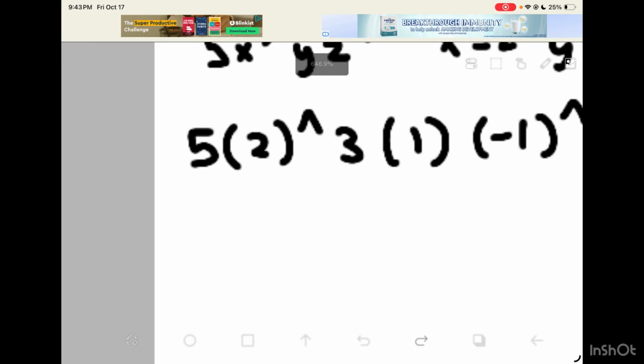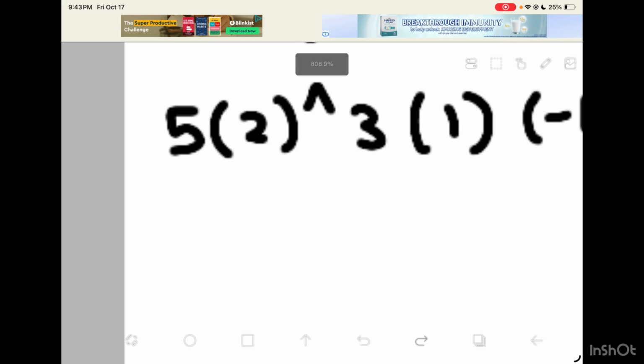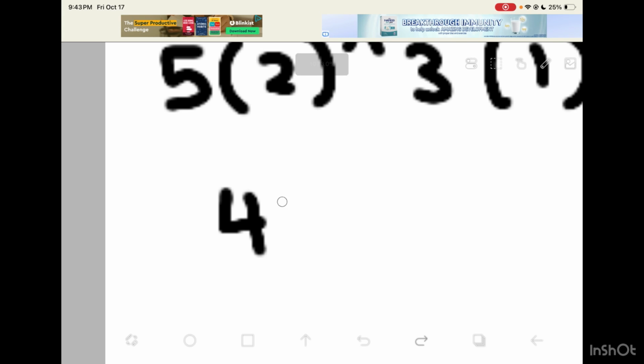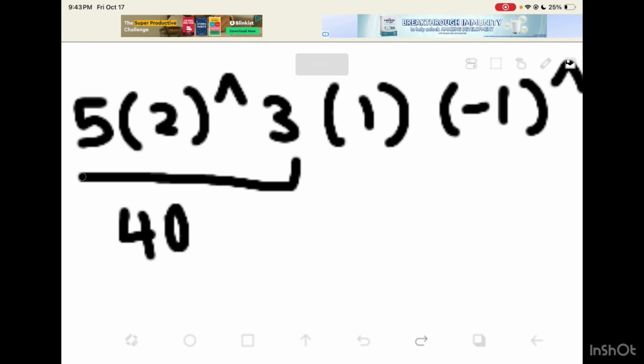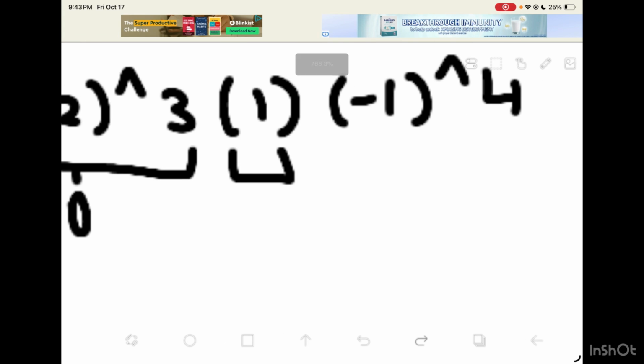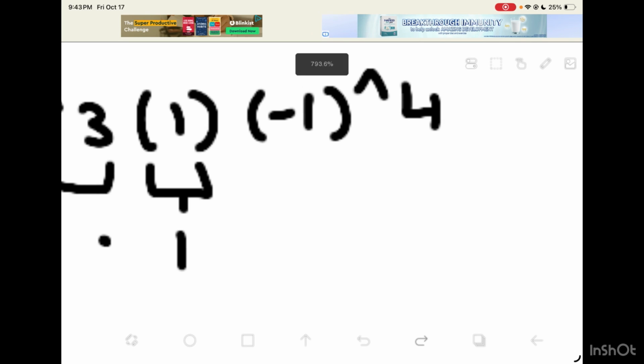What I do if I'm using a two-line calculator is just to evaluate these separately. So let's put 5 times 2 raised to 3. That's equal to 40. And then 1 is just equal to 1. And then -1 raised to 4.